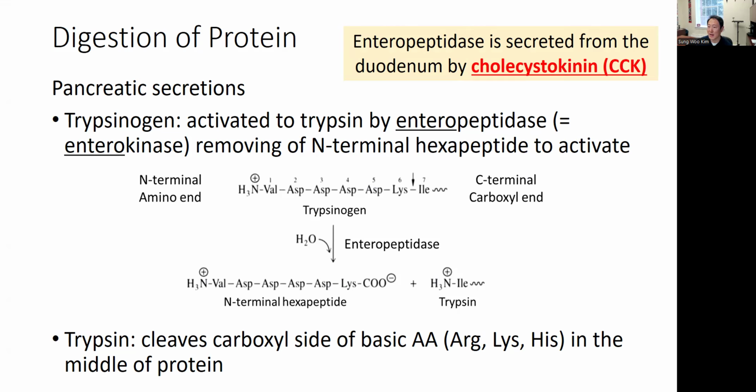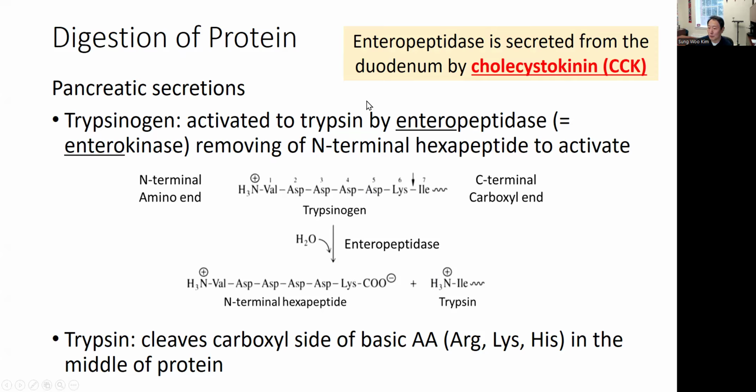Okay, this enzyme is released from the duodenum by another hormone called cholecystokinin, CCK. This hormone will cause the release of enteropeptidase from the duodenum. Okay?